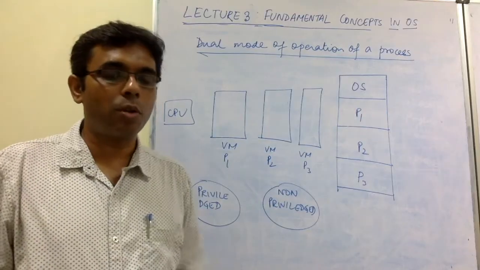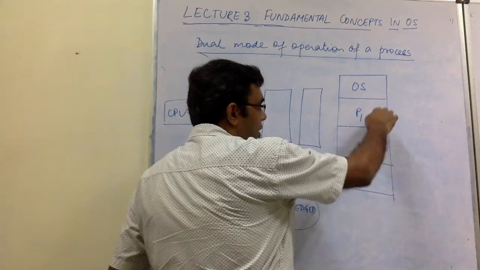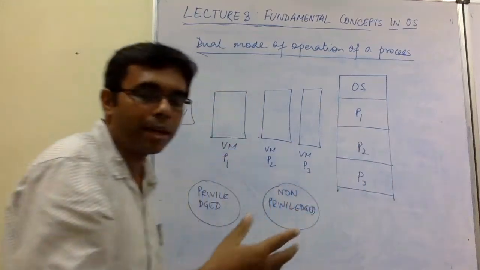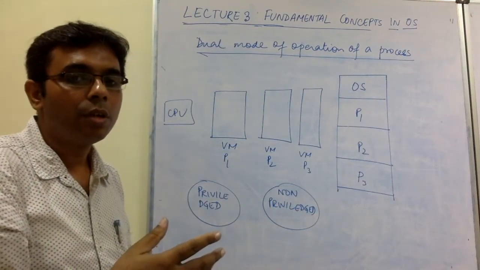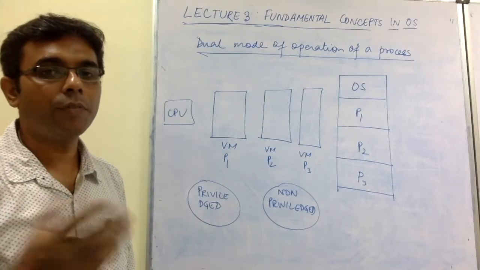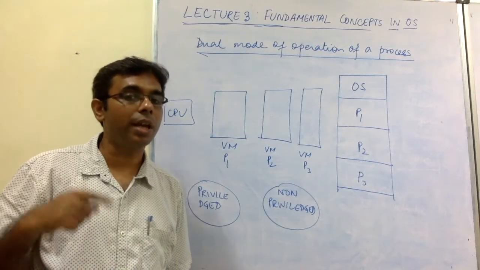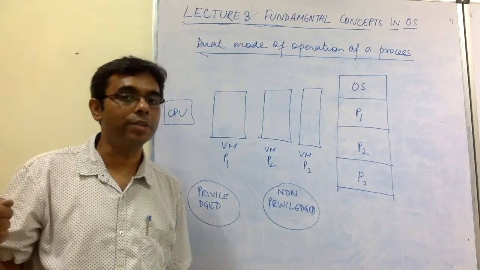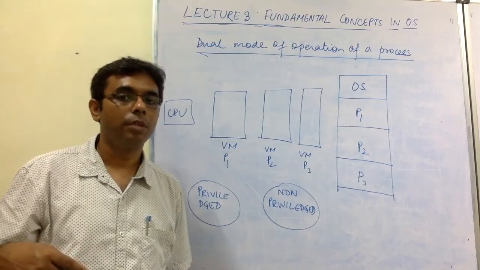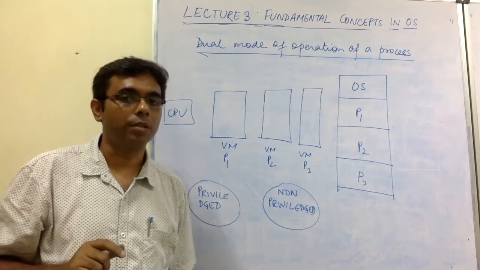So it's the OS code that gets executed. So as you see, during execution of a process, there can be situations where the process would like the help of the OS to get it done. Say for example, for a hardware access, the process needs the help of the kernel or the OS to get that job done. So during this time, it's actually the OS code that is executing.